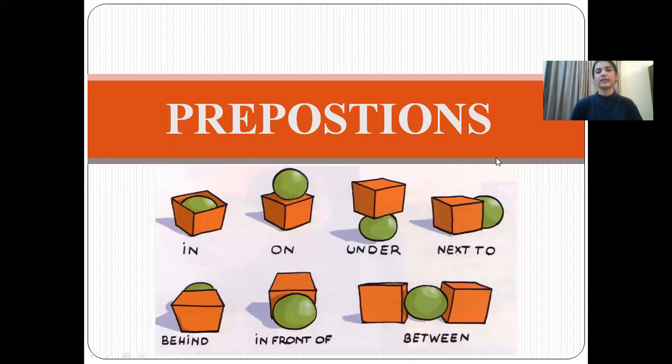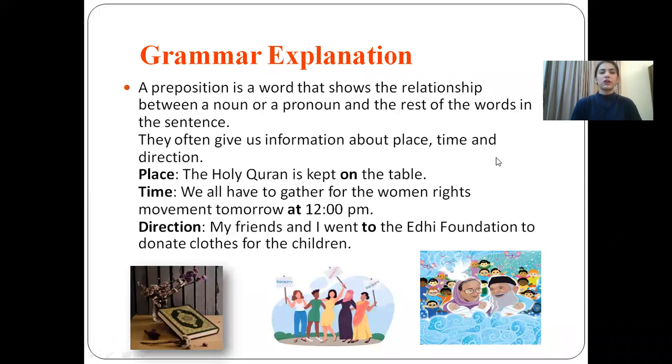As you all can see, my topic is prepositions. So I will move forward to its grammar explanation. Okay, so a preposition is a word that shows the relationship between a noun or a pronoun and the rest of the words in the sentence.